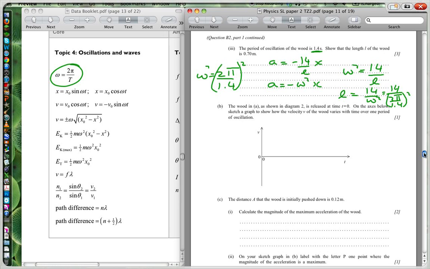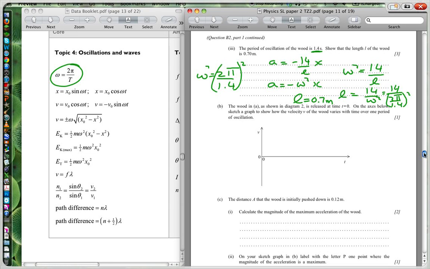And when we calculate that, we get about 0.70 meters. L is about 0.70 meters. So see if you get that when you do that calculation.